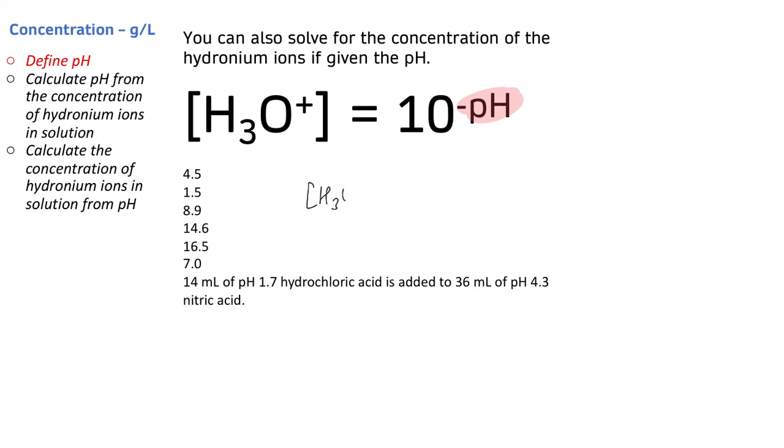Concentration of H3O+ is going to be equal to 10 to the power of negative 4.5. This is why you've got to use your negative value, and you've got to work out your power value. So 10 to the power of negative 4.5 gets you 3.16 times 10 to the negative 5. Okay, you can also use your exponential button, I think.